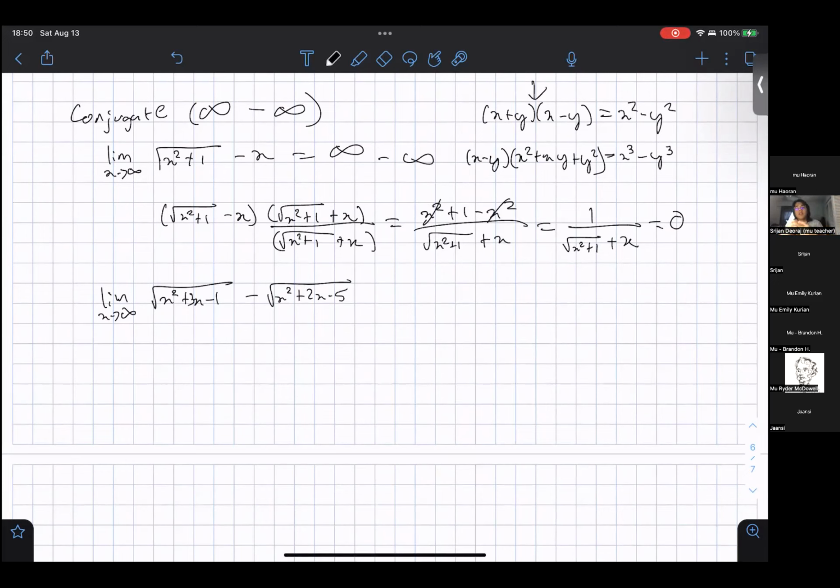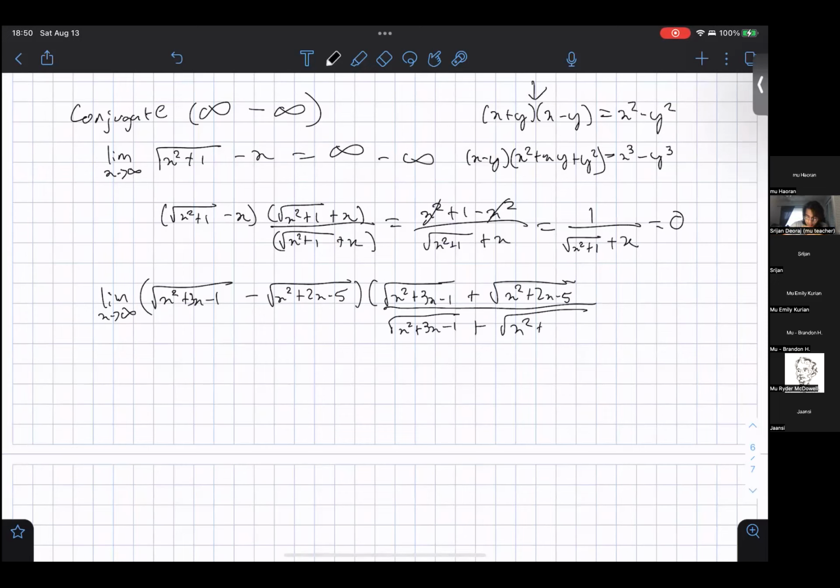And again, we can multiply by the conjugate, which is just this but with a plus, on the top and bottom. So the square root of x squared plus 3x minus 1 plus the square root of x squared plus 2x minus 5, all over the square root of x squared plus 3x minus 1 plus the square root of x squared plus 2x minus 5.